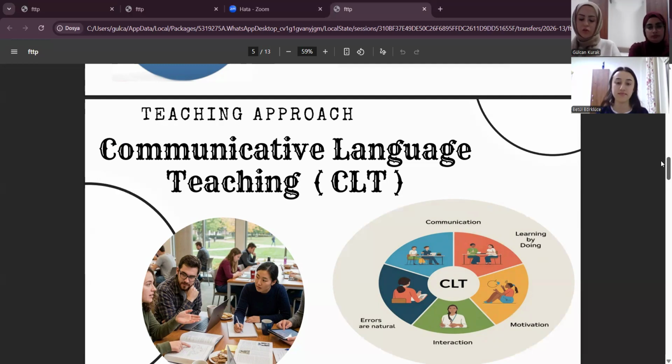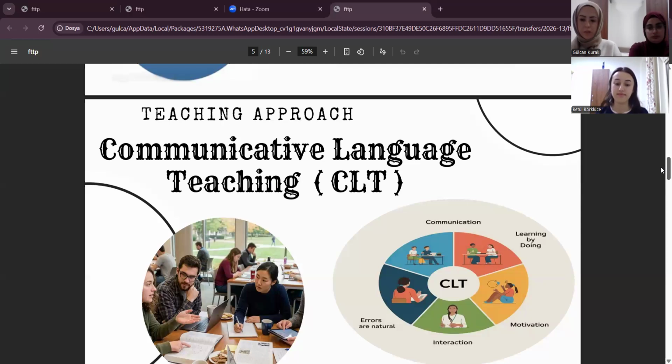They actively use language and interact with others. Students use language in real life activities and pair work, and in that way they learn the language. So CLT is mainly based on sociocultural theory, as learning happens through interaction with others.